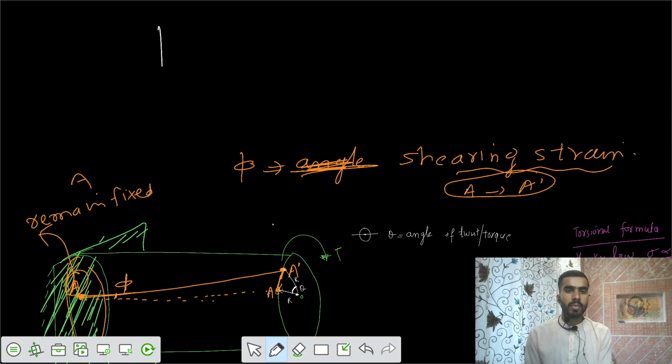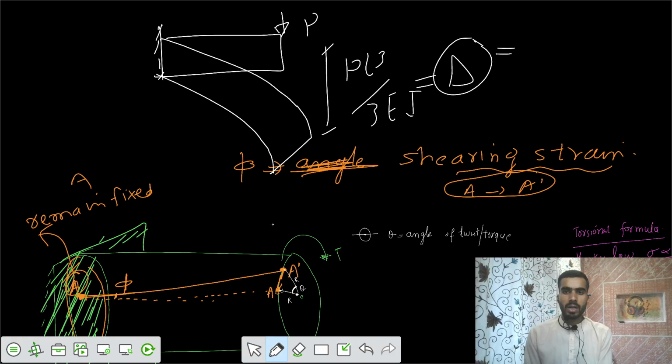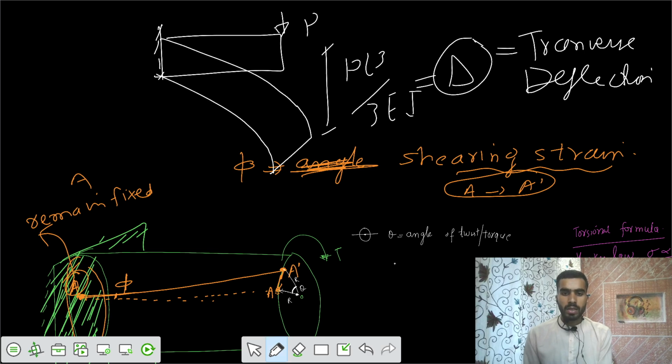We have that beam. You applied a load P, and we have that deflection of PL cubed by 3I. That's your transverse deflection because of that load. And for the strain developed, we say that the top fibers have tensile stresses, and at the bottom we have compressive stresses, because we have compressive strains here and tensile strains there.